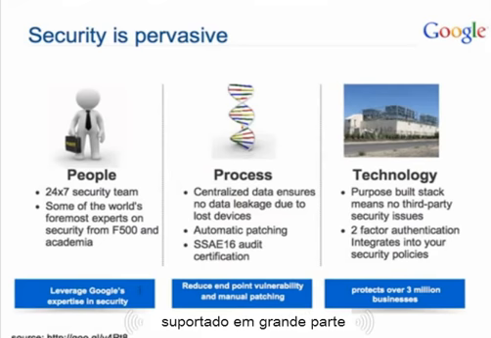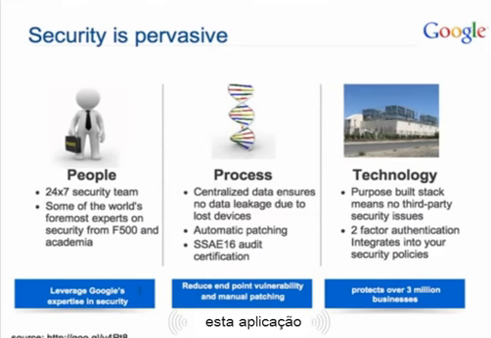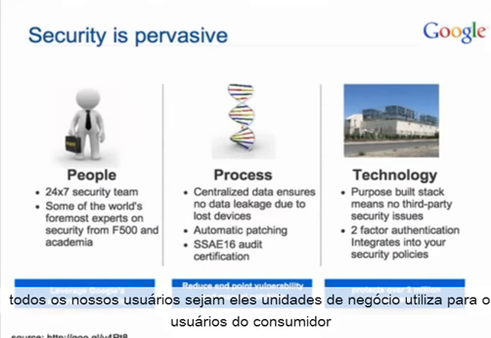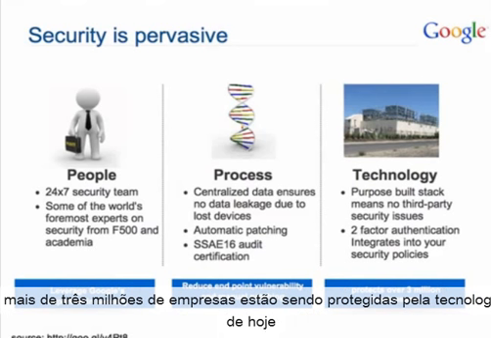This is supported in large part by the technology which we have built from the bottom up specifically for this application. One example of what that technology and our ownership of that enables us to do is to deliver features such as two-factor authentication at no additional charge to all of our users, whether they be business users or consumer users. Currently, well over 3 million businesses are being protected by this technology today.